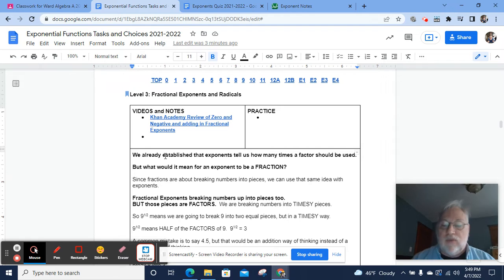So in a timesy way, half of 9 is 3. So 9 to the 1/2 power equals 3, because to the 1/2 power, we're taking 1/2 of the equal factors of 9. 27 to the 1/3 power would mean we're taking one of the 3 equal factors of 27.